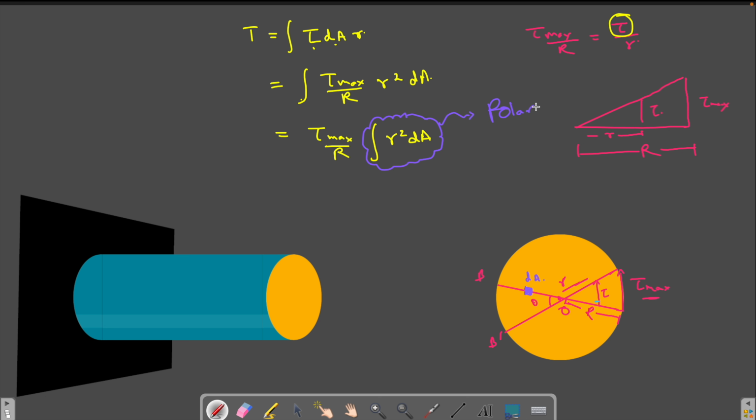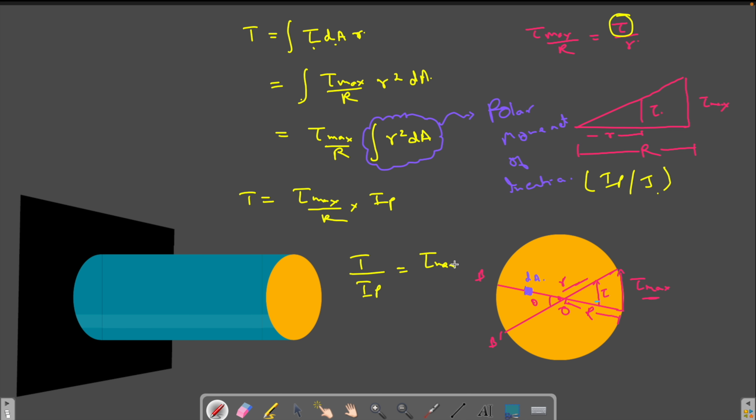It is denoted by either IP or J. You will find both notations. So this torque is equal to tau max by R into IP, and rearranging we get T by IP is equal to tau max by R. Now this is one of the equations which is very important.